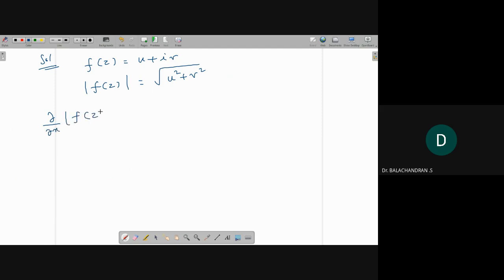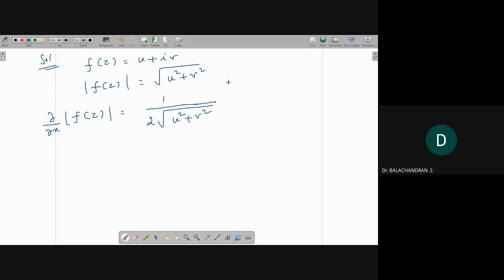Dou by dou x of mod f of z is equal to, if you differentiate this, 1 by 2 into root of u square plus v square. Root x differentiation is 1 by 2 root x.